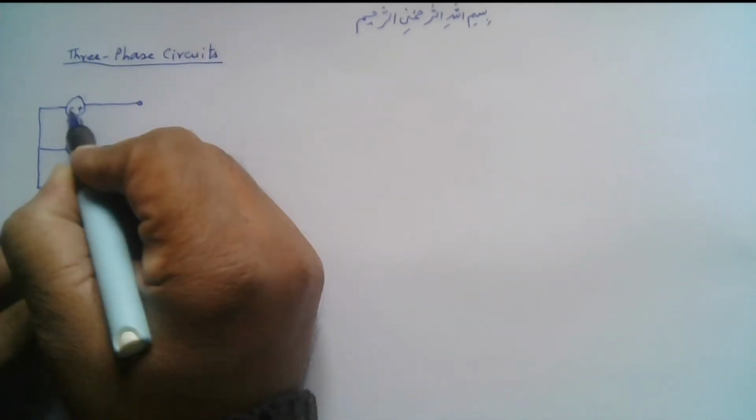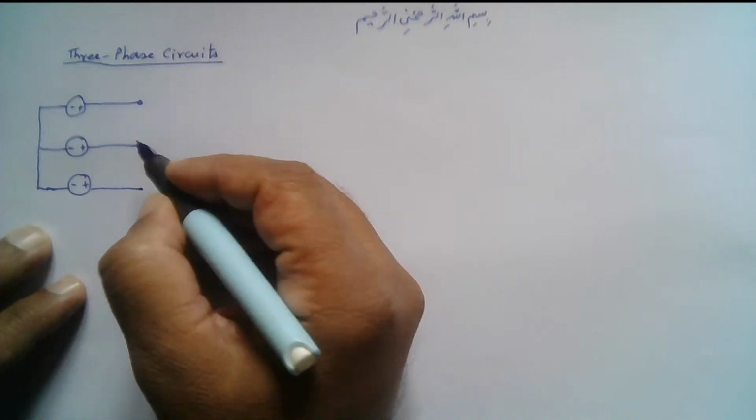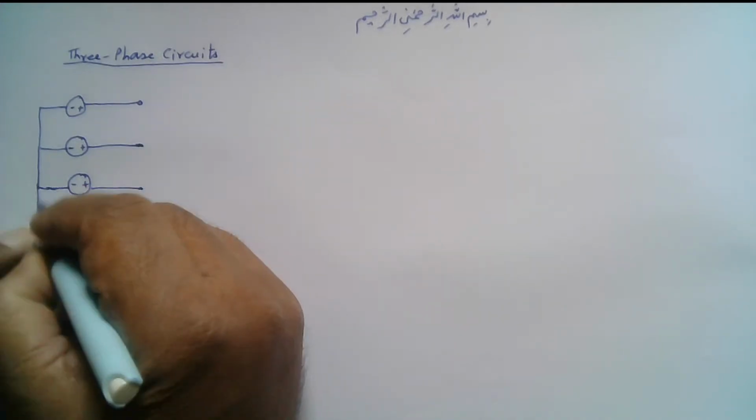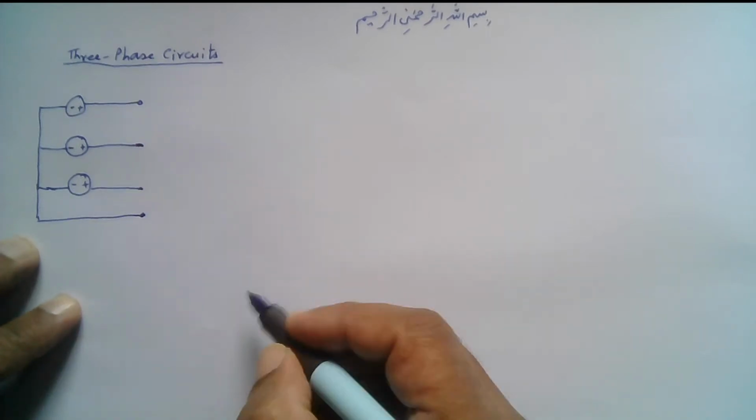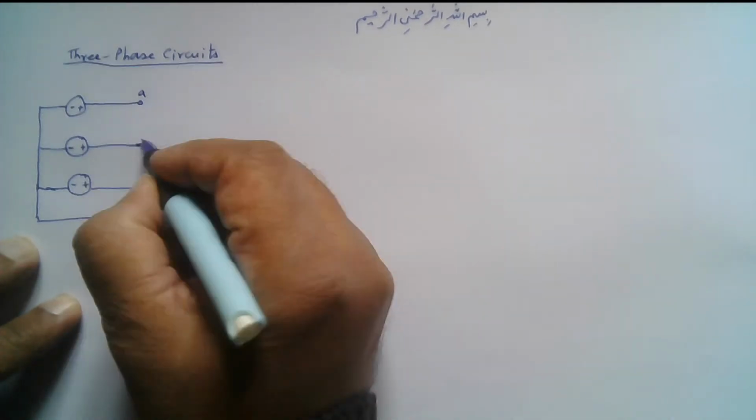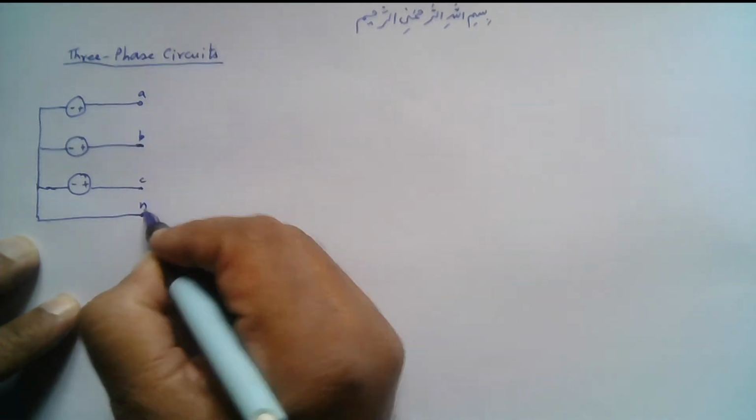These are the negative terminals, and we have a neutral wire also. So this is, for example, A, B, C, and this is small n.